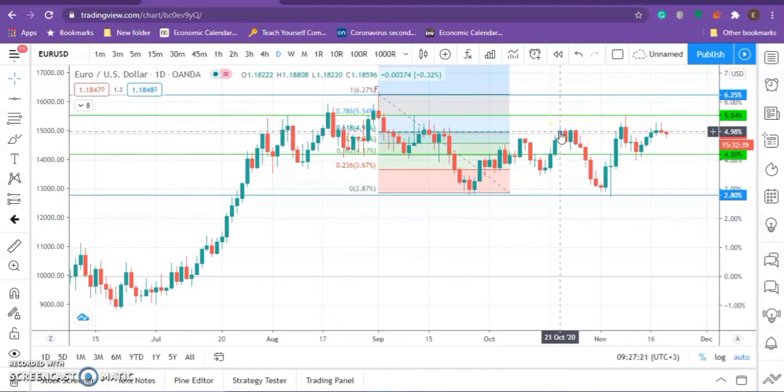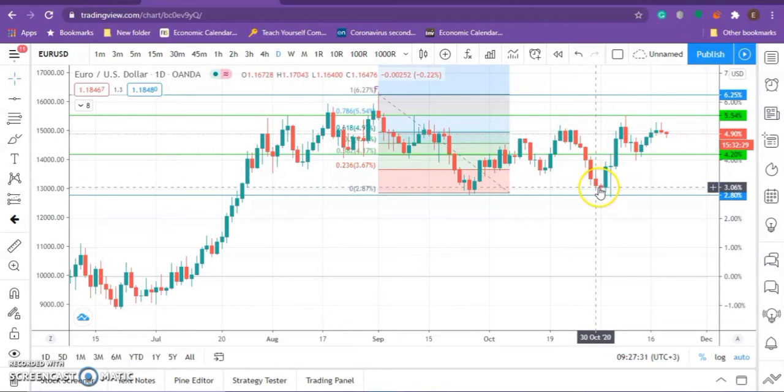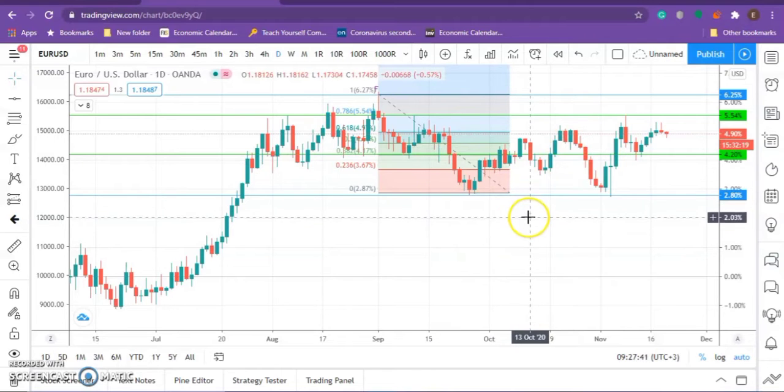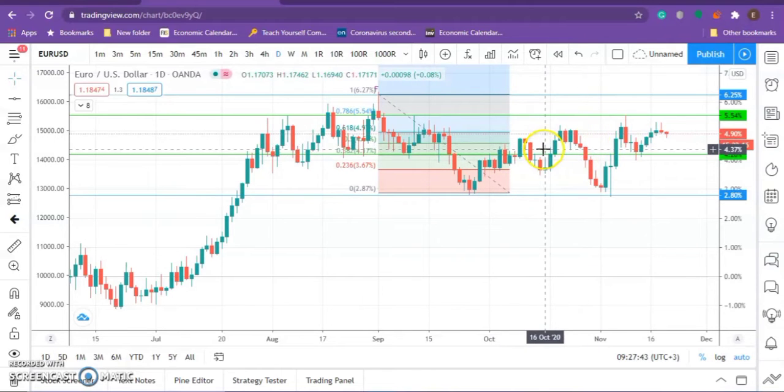You may put it at the top of this candlestick or at the bottom, and then you now wait for some good pips, almost 2%. In how many days? In 1, 2, 3, 4, 5, almost 6 days. So almost 1.25 week, trading week, that is.